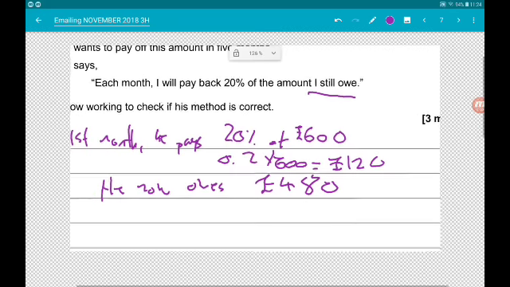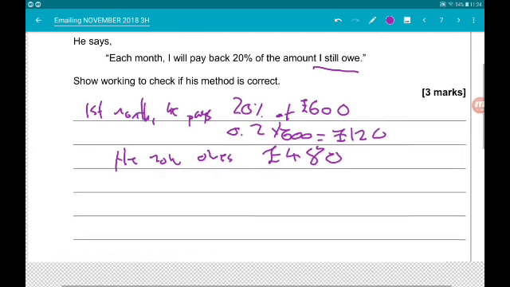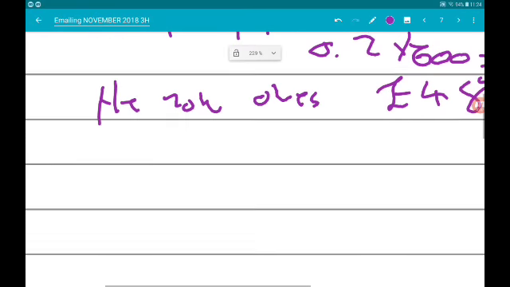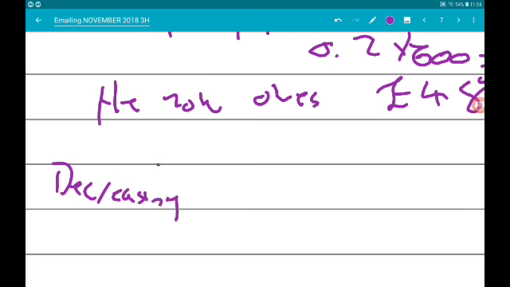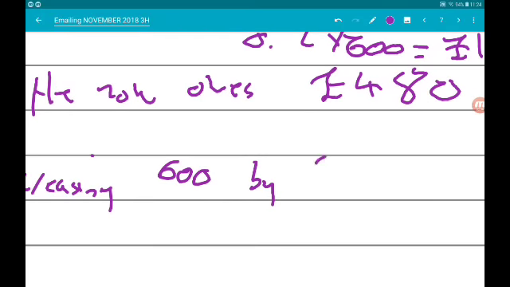Think of it like compound interest. What we're actually doing is decreasing 600 by 20% each month.